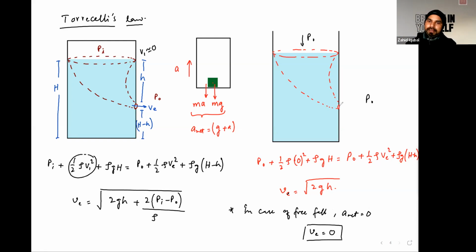Next, let's say liquid is ejecting out at some velocity v_e. So it will fall at this particular distance. From this part, we may define its range and its time of flight from this height, H minus h.